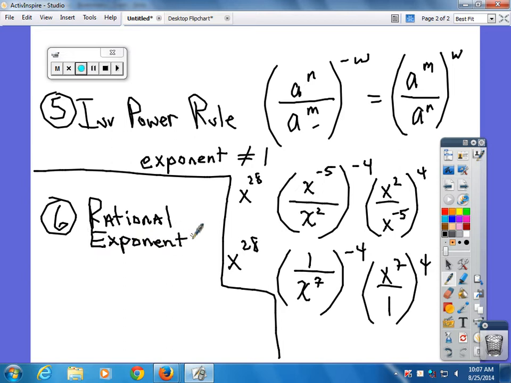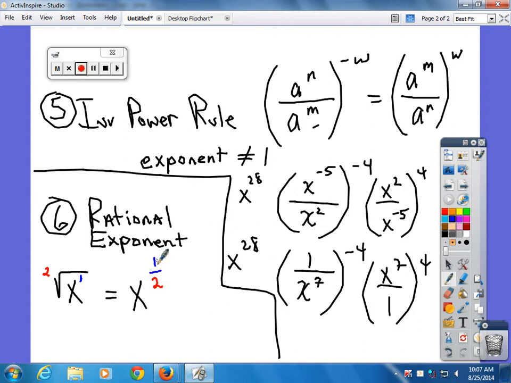All you got to remember is the square root of x is equal to x to the 1/2. Let me erase that 1/2. I'm going to put a red 2 right here because that's for the index, and a blue 1 right here.